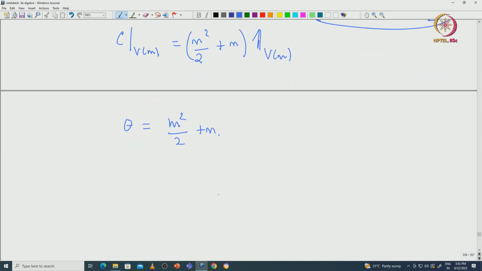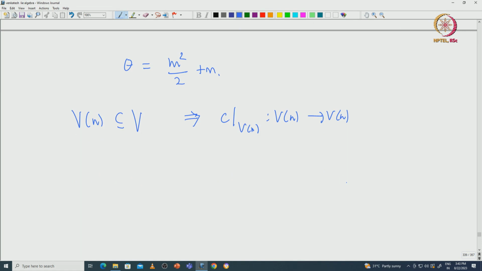In case there is another irreducible representation V n sitting inside this V, then again from the earlier argument we see that C restricted to V n should map V n to V n, and not only that, it should look like some scalar times identity. That scalar is given by n squared by 2 plus n. So, that forces that again theta must be equal to n squared by 2 plus n.